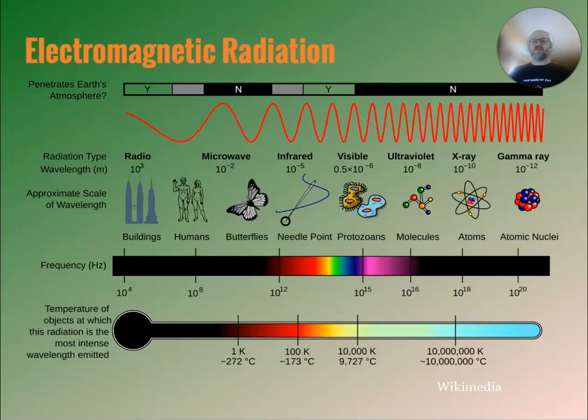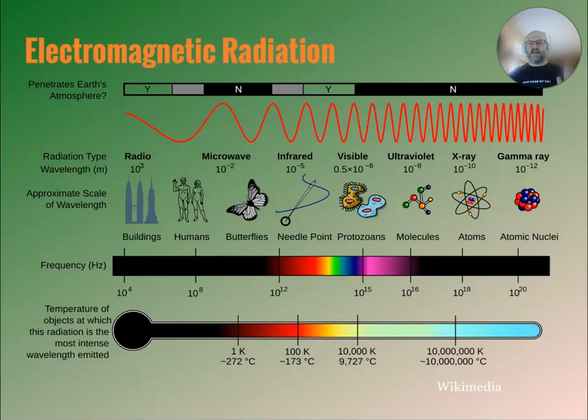And different colors of visible light have different wavelengths. So you can see that the longest wavelength, so the lowest frequency type of visible light is red. Then as you move up, it goes to yellow, to green, to blue, to violet, as you're getting smaller and smaller wavelengths, higher and higher frequency, and higher amount of energy that's being carried.